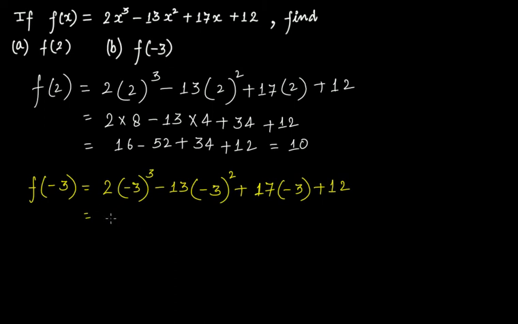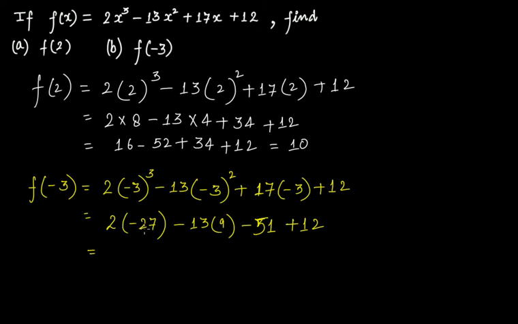Minus 3 cubed means minus 27, minus 13 times minus 3 squared means 9, plus 17 multiplied by minus 3 is minus 51. So this becomes minus 51, and this is 12.